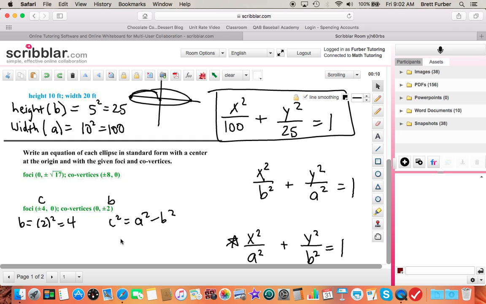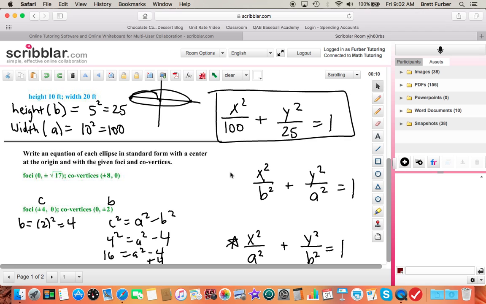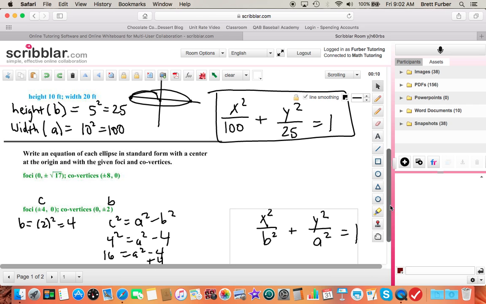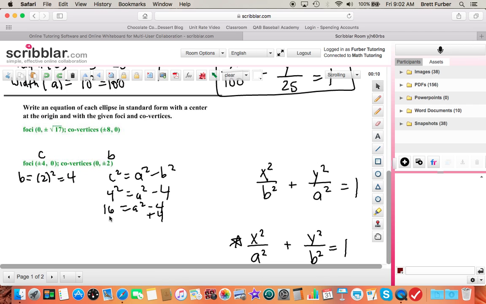Okay, so c is 4, so 4 squared is 16. A is what I'm finding, and b squared we already determined was 4. So 16 equals a squared minus 4, so add 4 to both sides. So when I do that, I'm going to get that a squared equals 20.